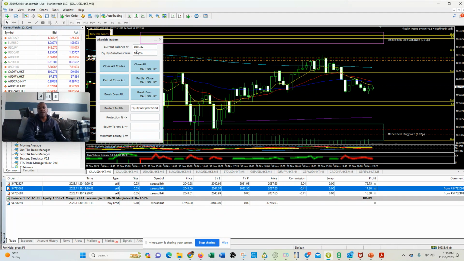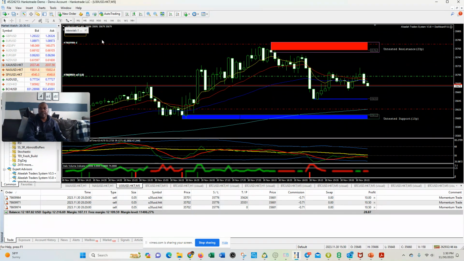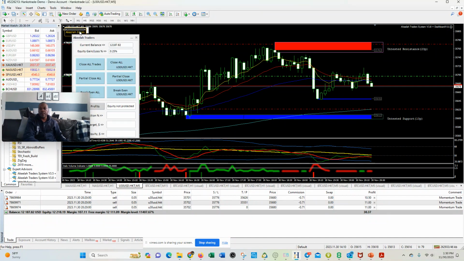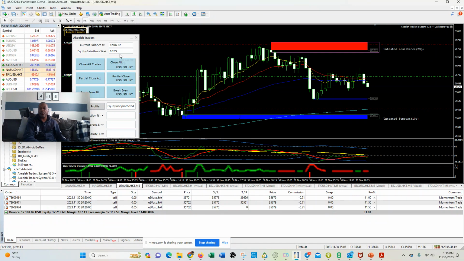And I'm going to see bigger returns on this. So right now, we're floating about 10% profit on this particular account. And going back to this one more time, this account here, we're only floating around 0.2%, a quarter of a percent. So it's all relative to the size of the account. That's my point. But automated trading is the way to go. Our system is doing this, and I have not had to do any manual trades today.